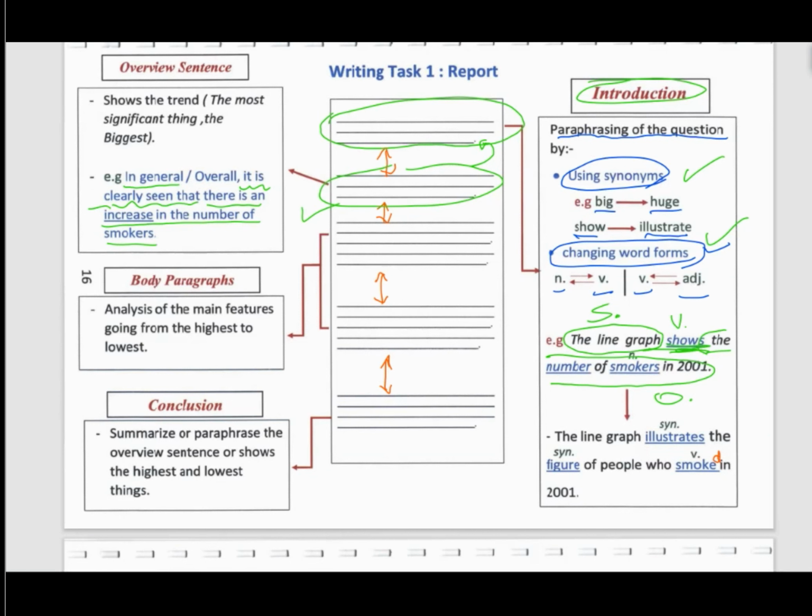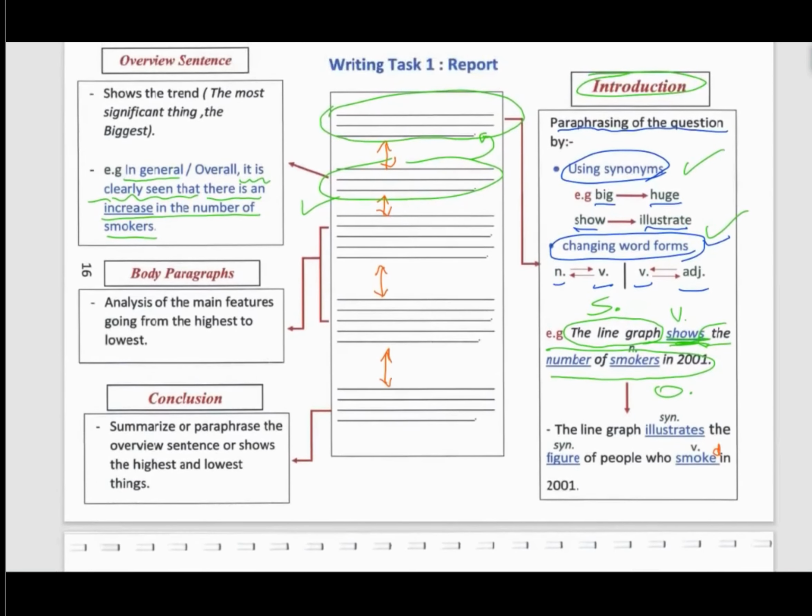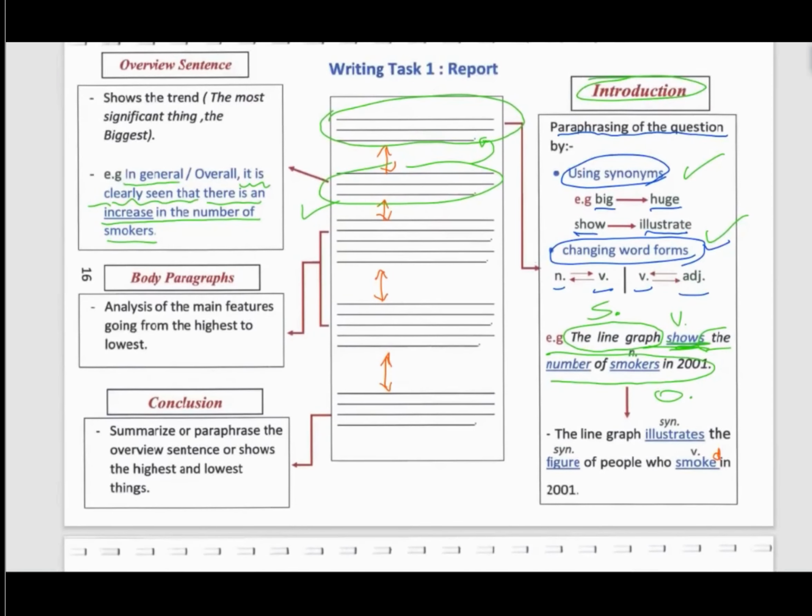Okay? So that's why. And I will teach you how to count your words very fast in the writing of task 1 and 2, instead of counting word by word, which will waste your time. There is a fast way to do that. We will see that later. So we are done with introduction and overview sentence now.